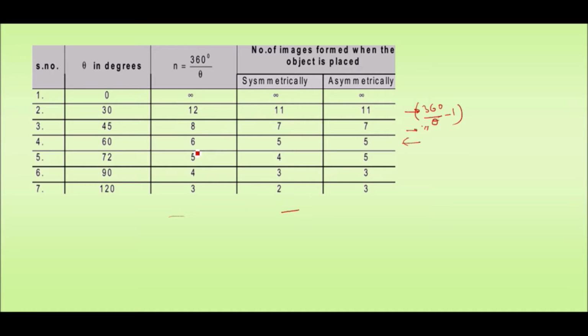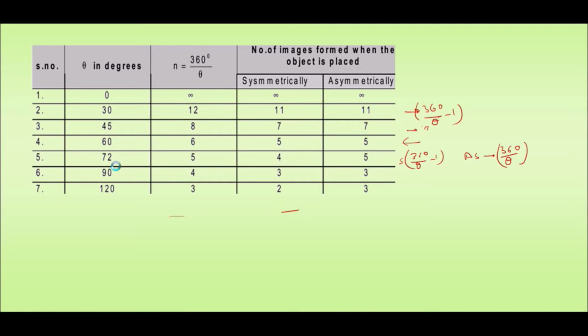It is an odd number, so depending on whether the object is symmetrically or asymmetrically placed, the number of images formed changes. For symmetrically placed, the number of images formed is 4, while for asymmetrically placed, the number of images formed is equal to 5. So for symmetrically placed we get the formula 360 by theta minus 1, and for asymmetrically placed, the number of images formed is 360 by theta.